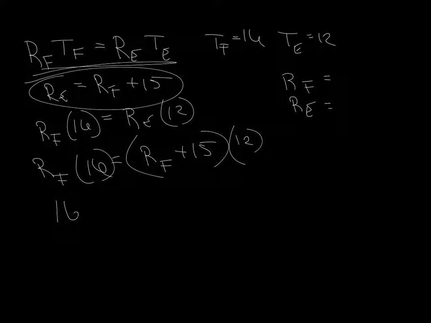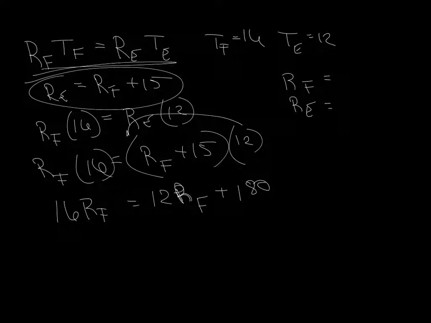So I'm going to move the 16 in front, just because I'm used to having a number in front. And let's move this in front, distribute 12 RF. That doesn't look like an R, does it? Plus 12 times 15 is 180, I think.